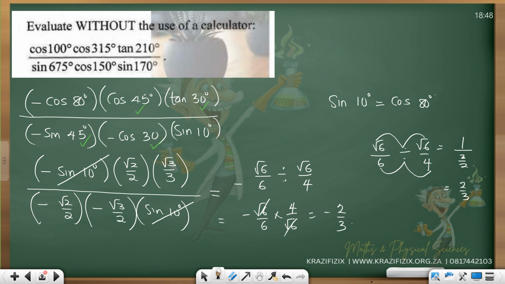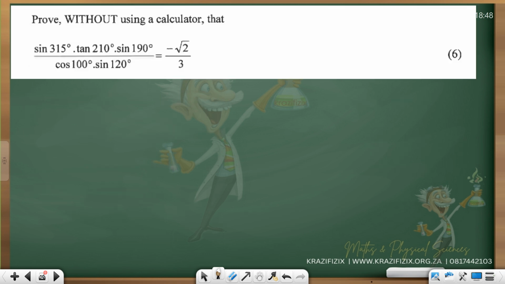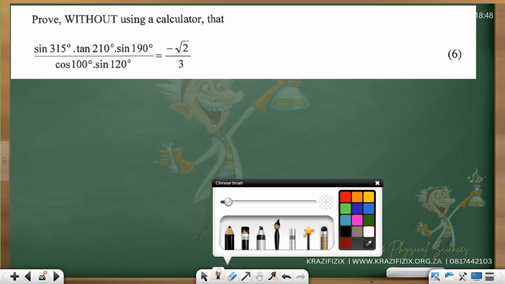Given, are you done writing? Because I have one practice question for you. Okay, here's your practice question. Let me clean this one. Don't worry about the proving. Just calculate the value of that.